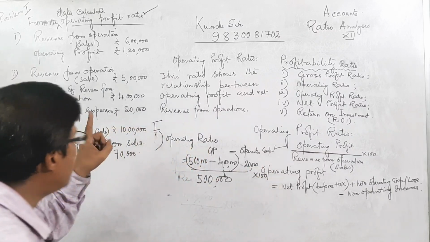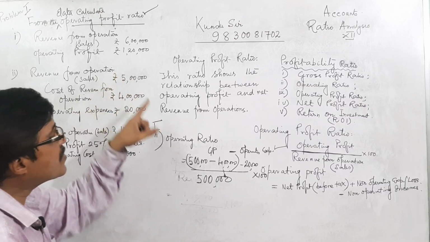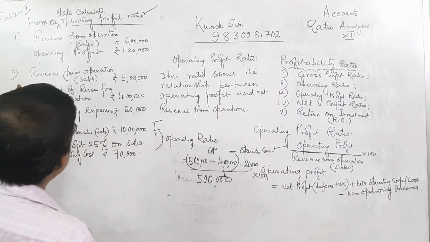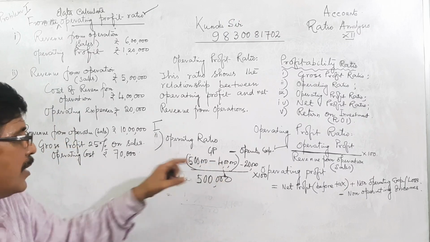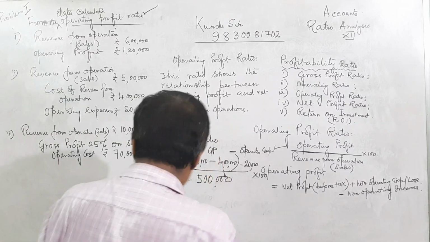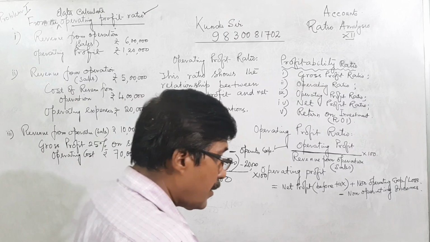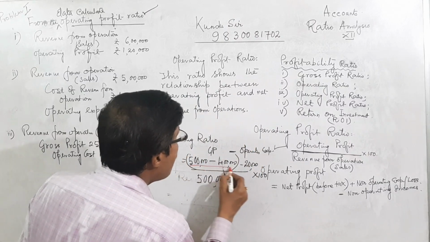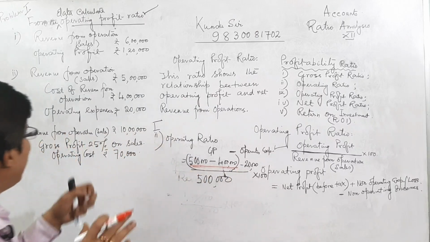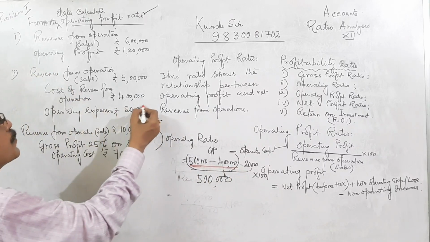I am again explaining. The revenue from operation, sales, minus cost of revenue or cost of goods sold equal to 4 lakhs. That portion is termed as GP, gross profit. From gross profit, we are deducting operating expenses.